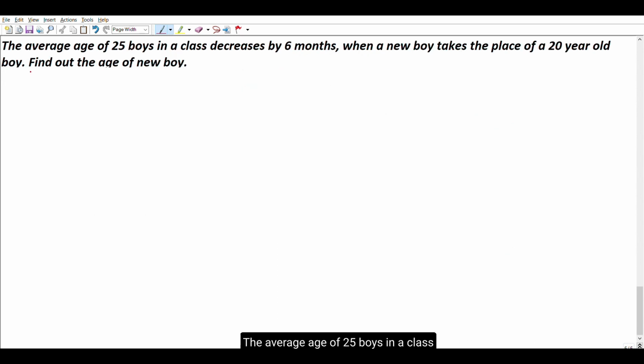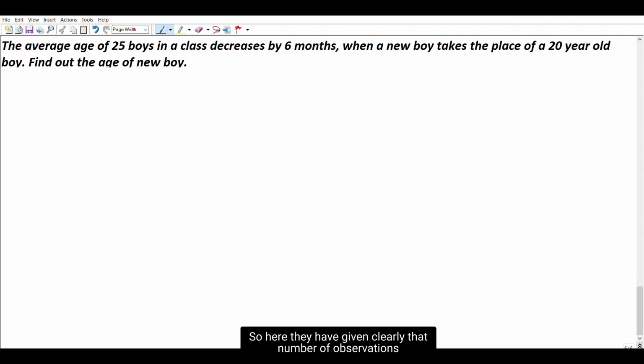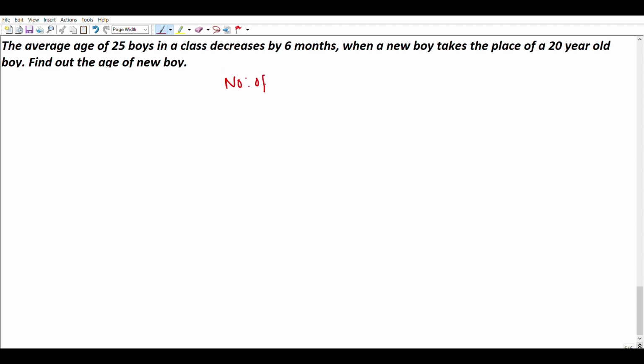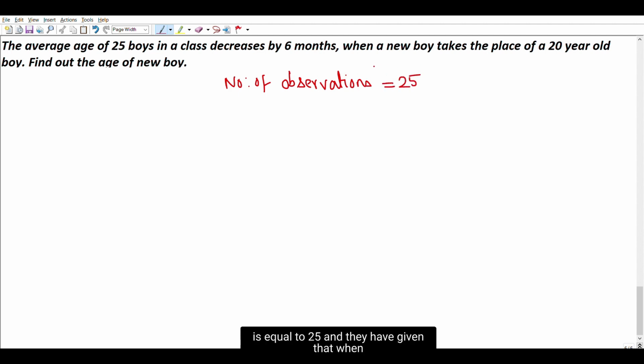The average age of 25 boys in a class decreases by 6 months when a new boy takes the place of a 20-year-old boy. Find out the age of the new boy. So here they have given clearly that the number of observations is equal to 25, and they have given that when the replacement of a 20-year-old boy takes place, the average age decreases by 6 months.